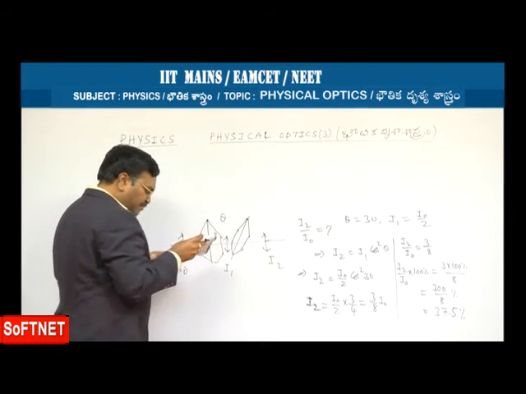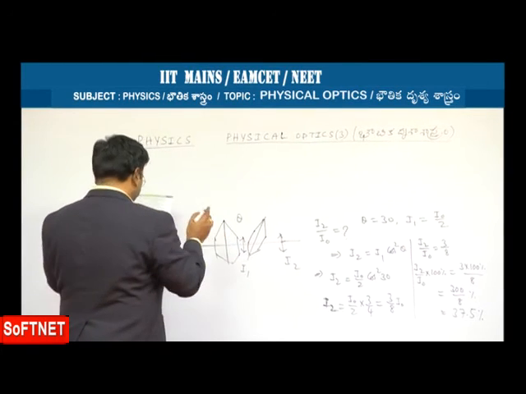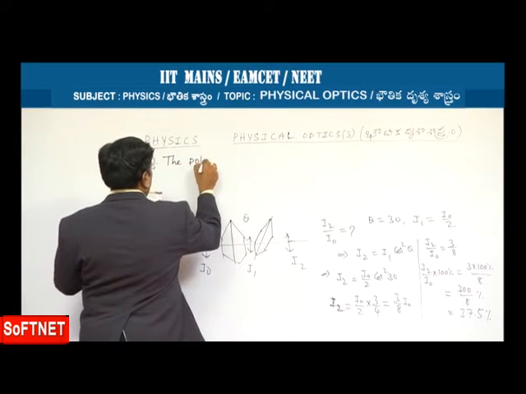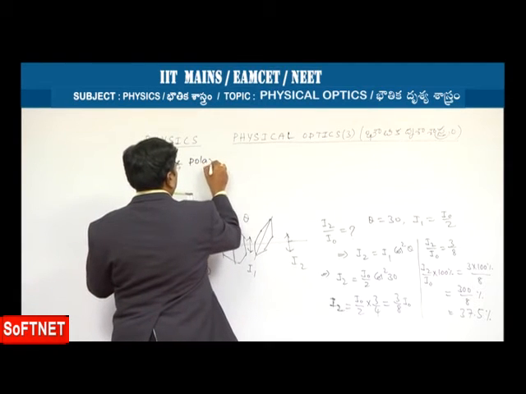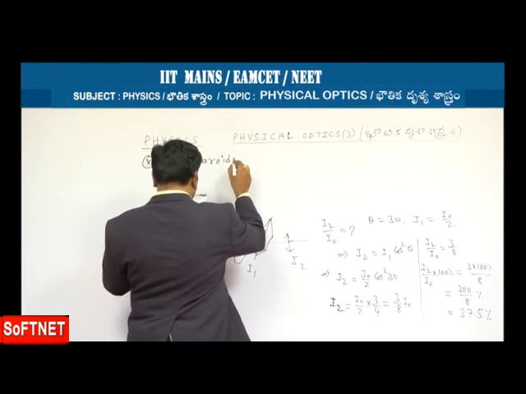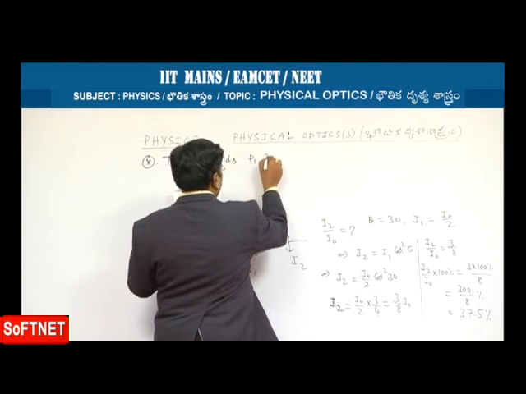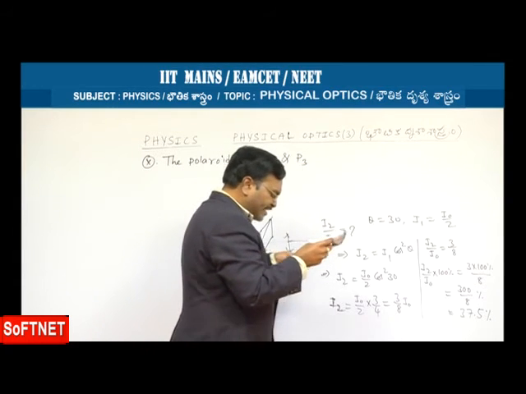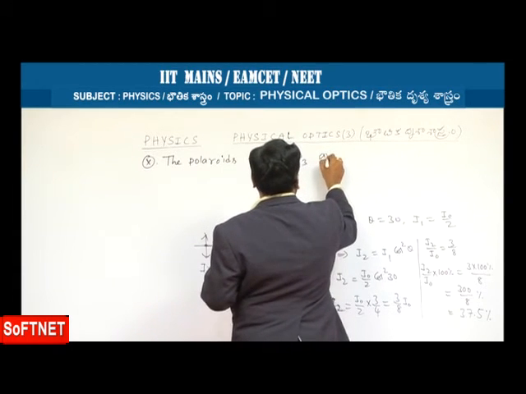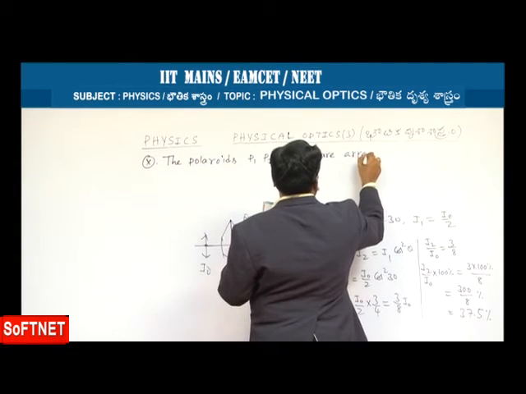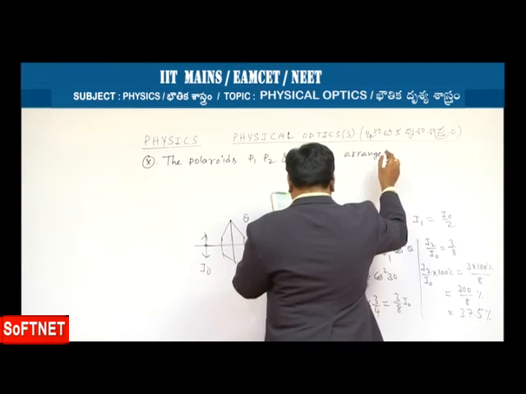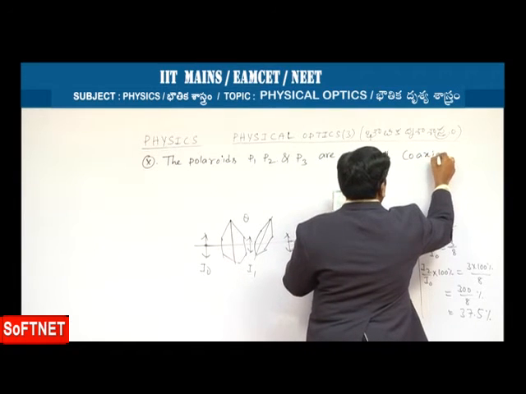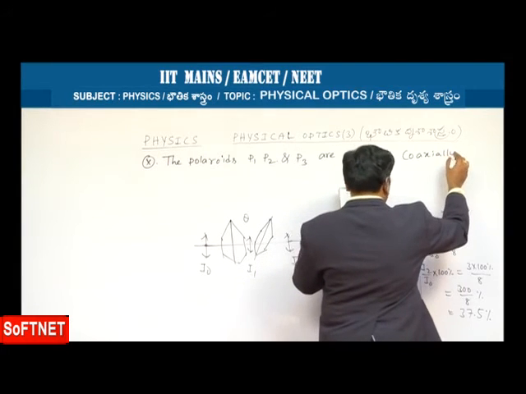We have a question. The polarizers P1, P2 and P3 are arranged coaxially.